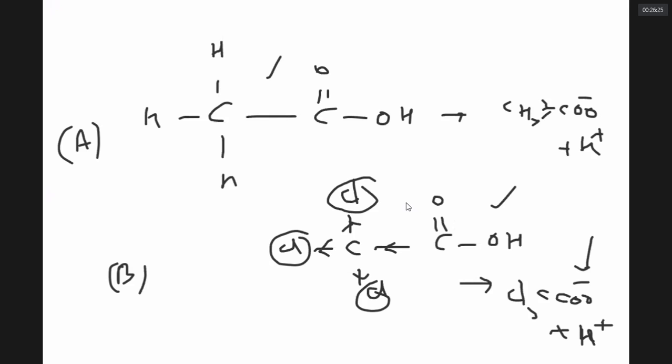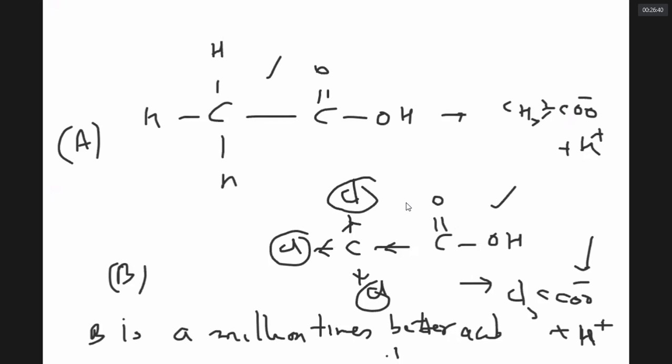So trichloroacetic acid, B, is a million times better acid than A. Are we very clear about it?